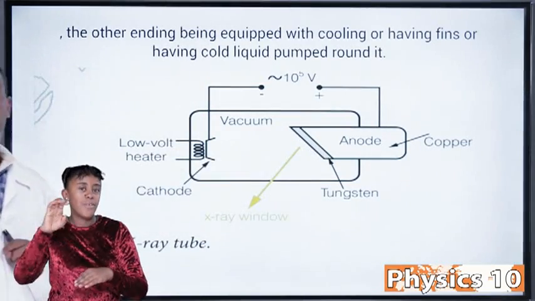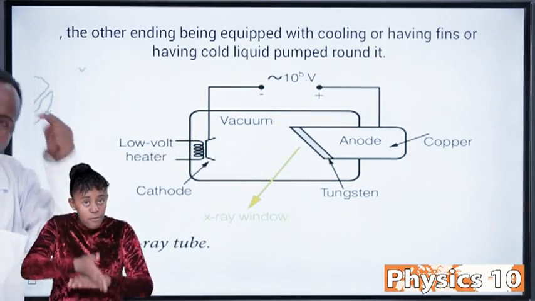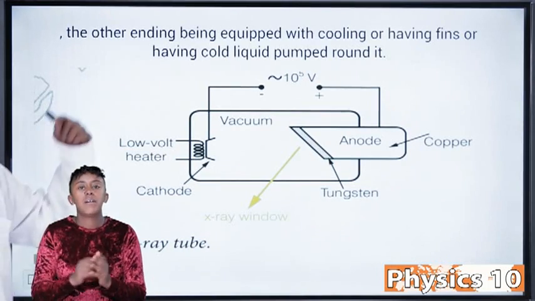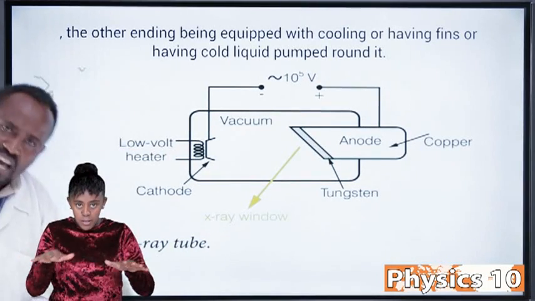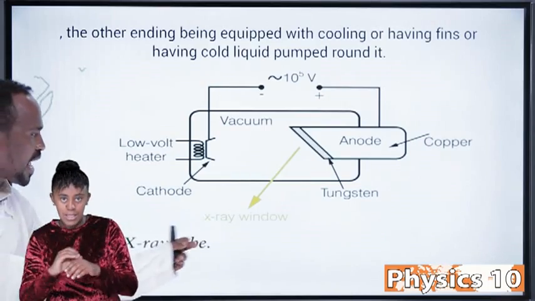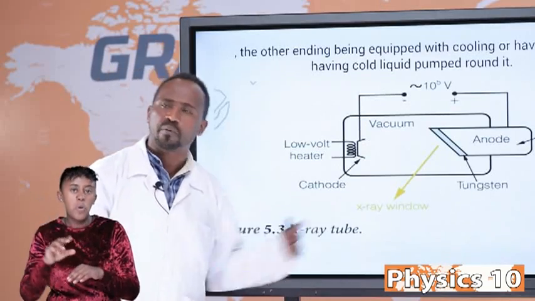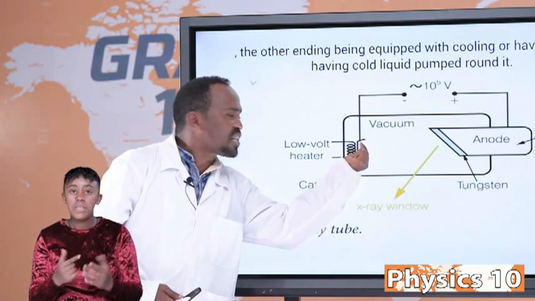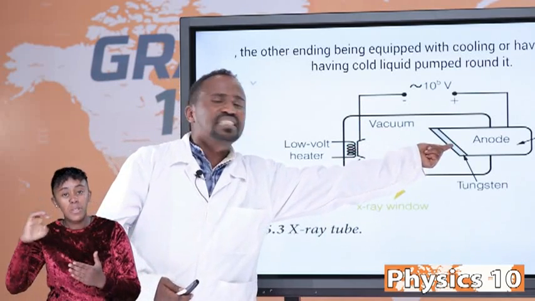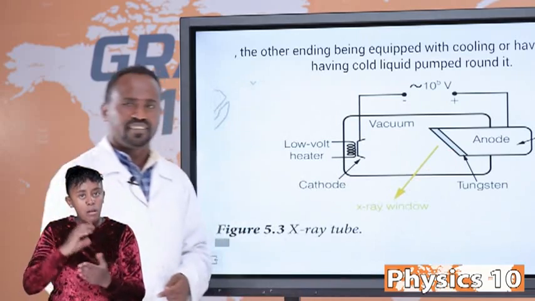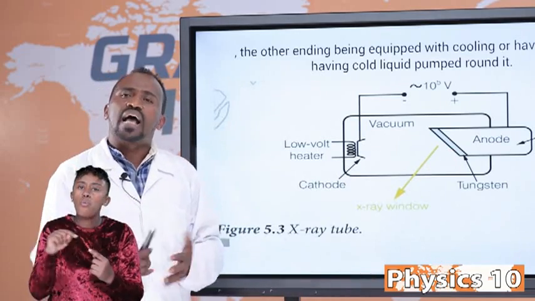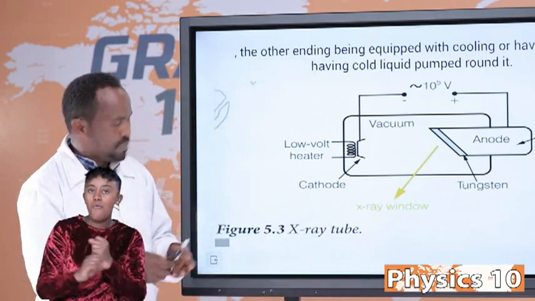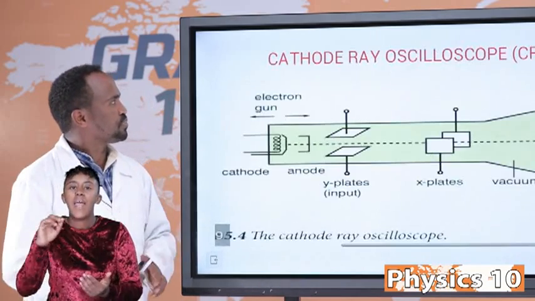After the anode is struck by electrons emitted from the cathode surface, it produces X-rays, which leave through the X-ray window. The electron starts from this cathode surface and strikes this anode with high energy. This is how X-rays are formed.